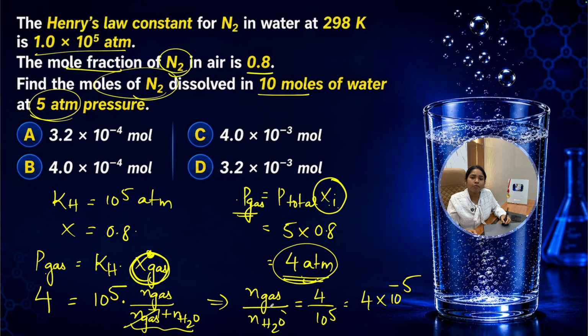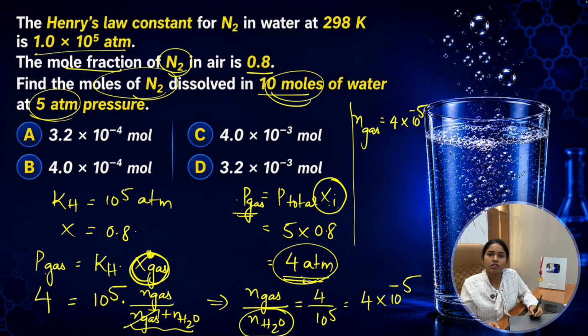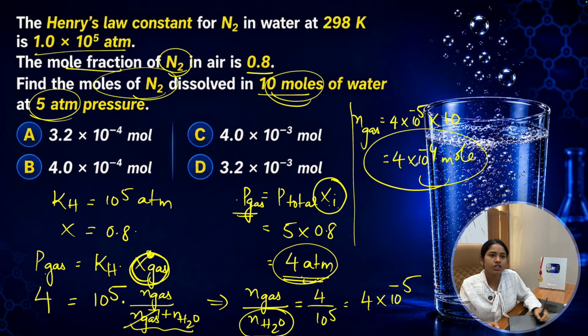Okay, number of moles of water, how much is given? 10 moles of water. Then number of moles of gas is equal to 4 into 10 power of minus 5 into 10, since the number of moles of water is 10. Then it will be 4 into 10 power of minus 4 moles. So which is the correct option? Option B is the correct answer.